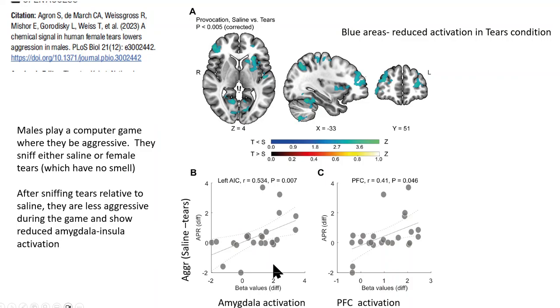And if we relate the difference in aggression when you're on saline versus tears to the PFC and the amygdala, those correlate very strongly. So the more the tears affect your amygdala and lower its activity, the less likely you will become aggressive.